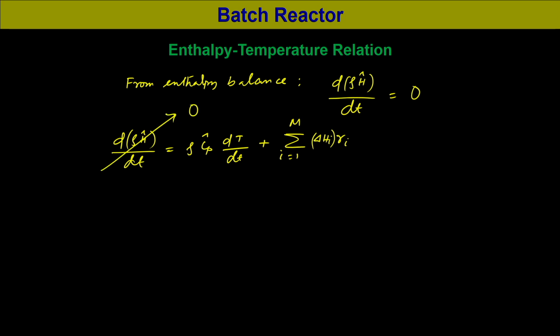Now, if we substitute this as 0, we can write rho Cp cap dT by dt would be equal to summation over I equal to 1 to m minus delta H I R I.